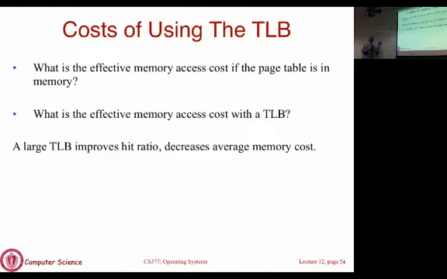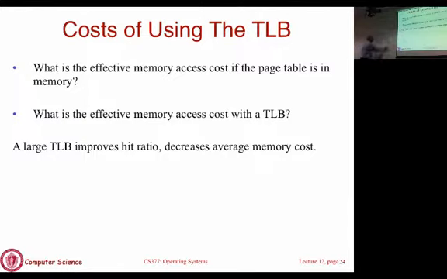Every time you access memory, you simply look up a register, assume that cost is effectively 0, and do the lookup. If you are completely in memory, you are at 2 MA. If you have a TLB, you are going to be somewhere in between. That's what you said, right? And our question is, can we come up with an expression to show what that is?